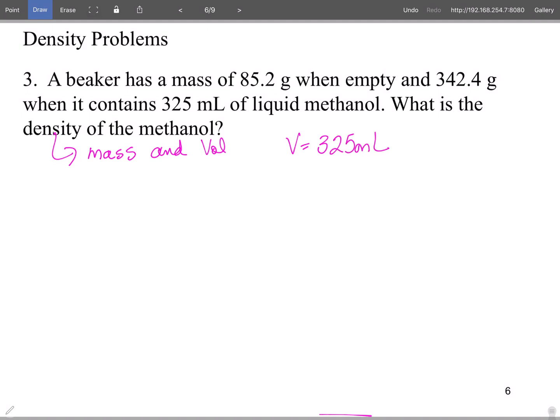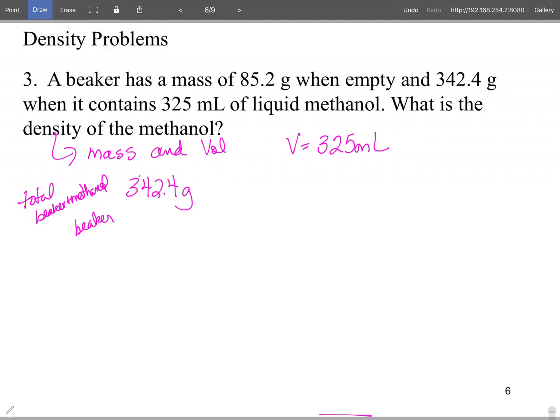So what we need is the mass. Our total, which is our beaker plus the methanol, is going to be equal to 342.4 grams.